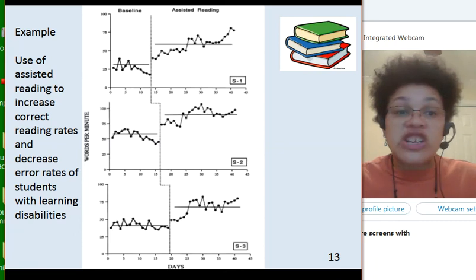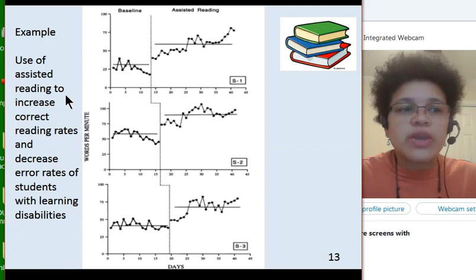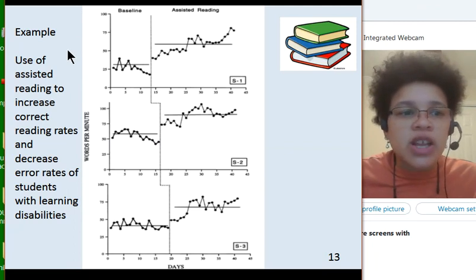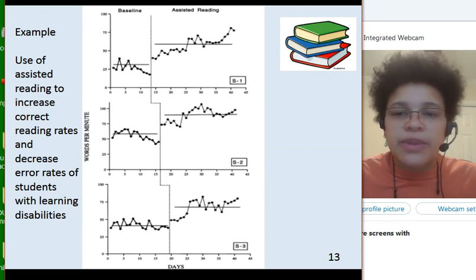Okay, so here's a teaching reading example. The title of the article was "The Use of Assisted Reading to Increase Correct Reading Rates and Decrease Error Rates of Students with Learning Disabilities." Now, why might you choose a single subject research design for something like this?